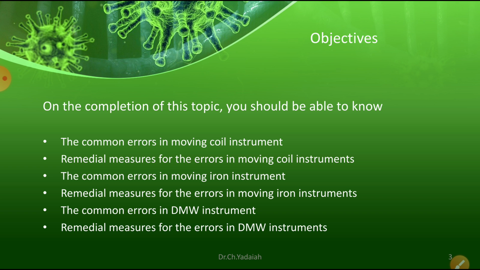Temperature error, frictional error, mechanical unbalance error, observational errors, aging errors and stray field errors, and sometimes frequency errors are also present in our electrical instruments. Let us see how these errors affect moving coil instruments and their remedies, moving iron instruments and their remedies, and the dynamometer type wattmeter and its remedies.